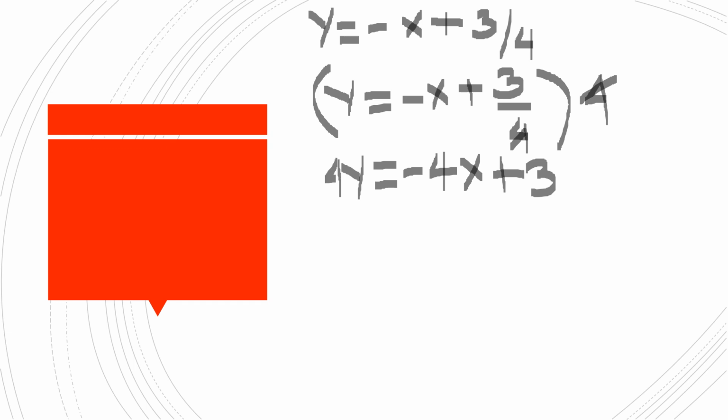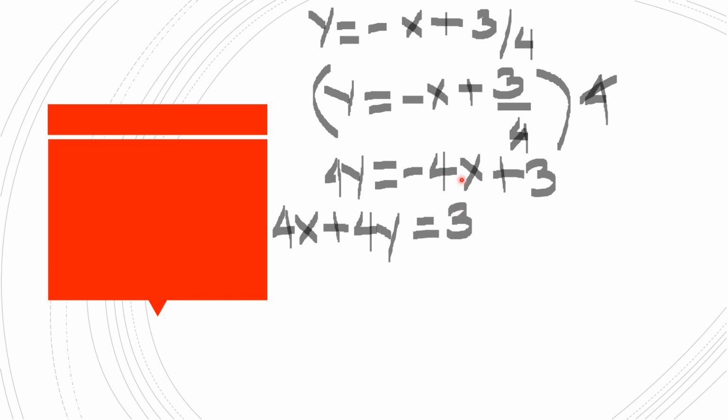But still, it is not in the form of our standard form. It is because negative 4x is still on the right side. So, we move it to the left side. So, it becomes 4x plus 4y is equal to 3.